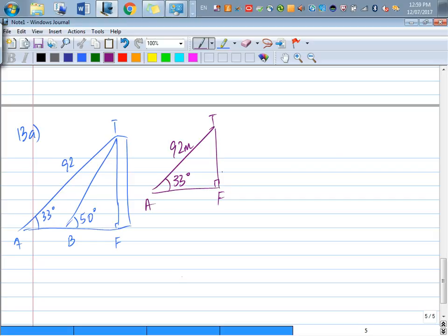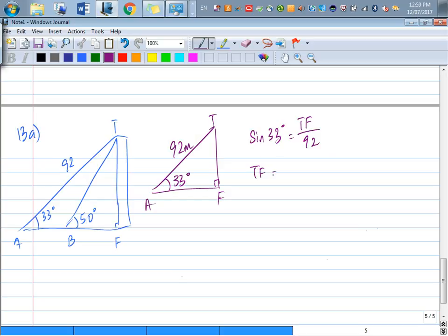Okay, so which trigo ratio should I use? Sine. Sine 33 degrees equals to opposite. You can just write OPP or write TF, since we already have the points defined for us. Over hypotenuse, which is 92.